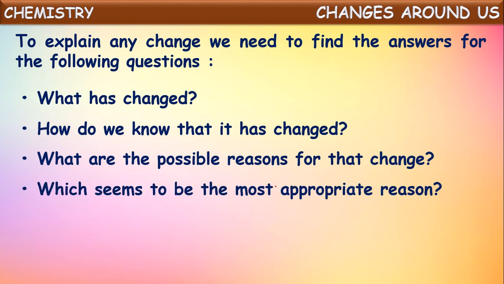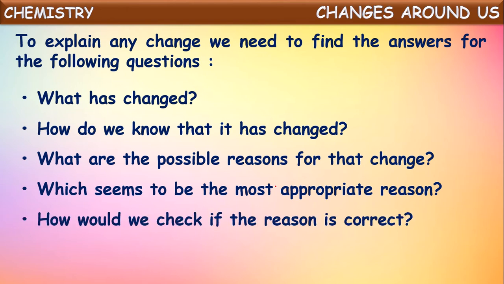And which seems to be the most appropriate reason for that change? Next, how would we check if the reason is correct? So, if you are able to answer all these questions, then we can explain that particular change.